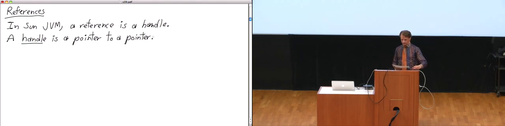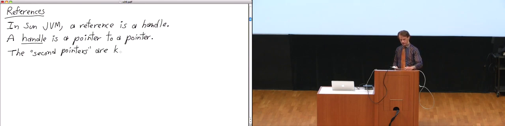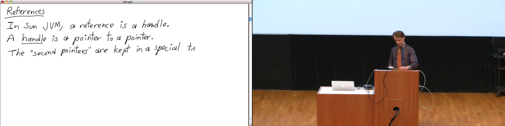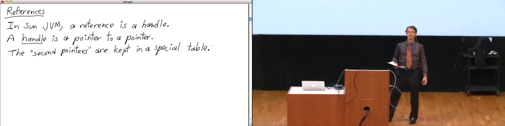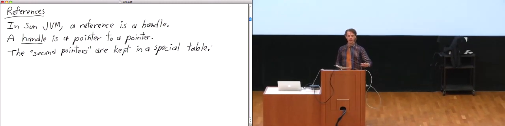If you have 100 references to an object, those don't change. And the second pointers are kept in a special table that just contains these special second pointers. So here's the idea. Suppose you have a bunch of references scattered all through your memory that all point to the same object.